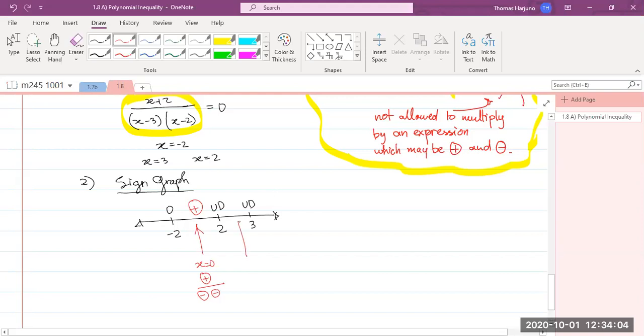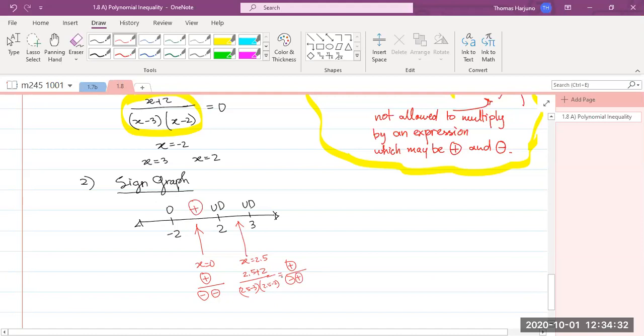Let's pick a number here in between, say x equals to 2.5. So 2.5 plus 2 is positive, over 2.5 minus 3, that's negative, and 2.5 minus 2 is positive.